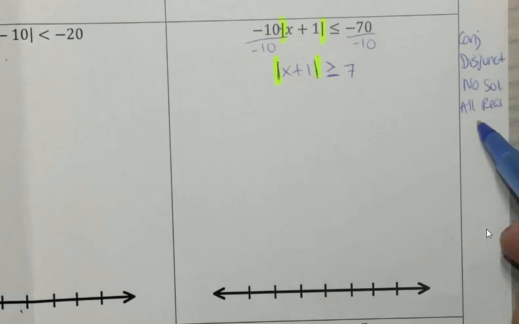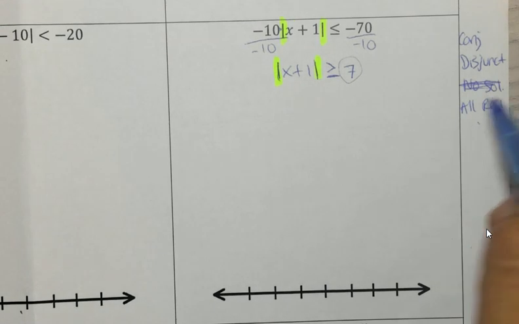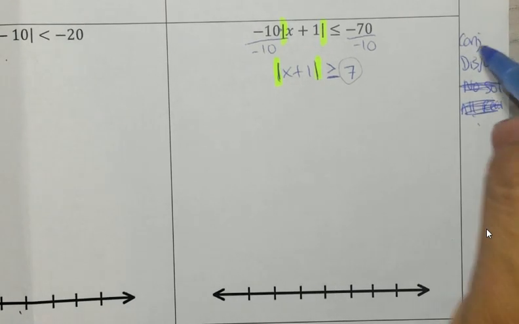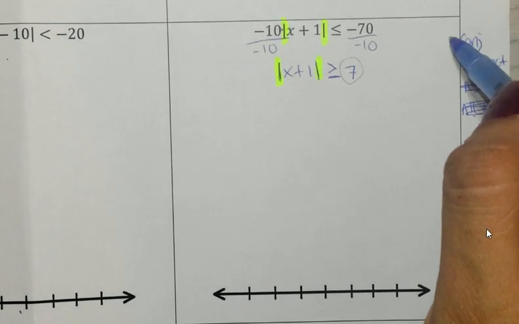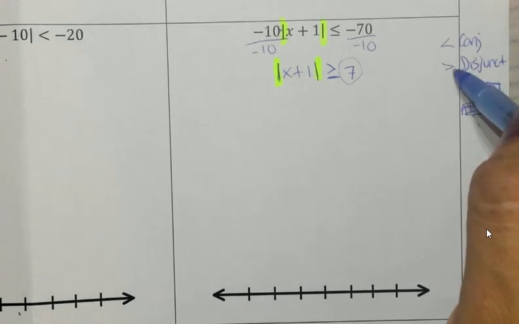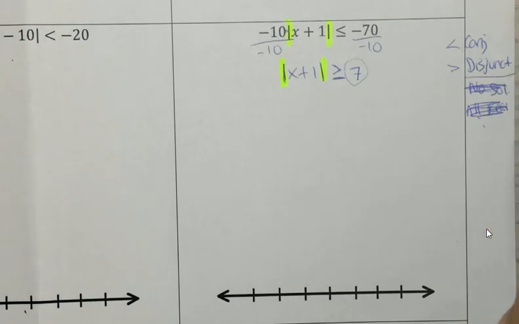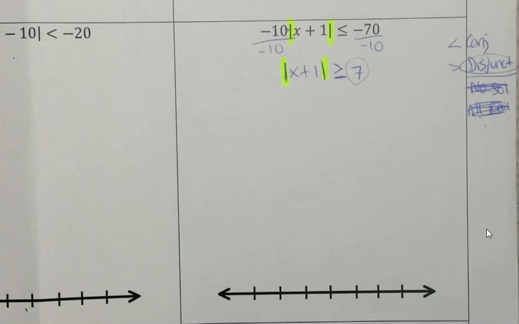No solution and all real numbers are the answers whenever this is a negative, so we're not going to have these. The conjunction is whenever you have a less than or equal to, and the disjunction is whenever we have a greater than. In this case, we have a greater than, so most likely it'll be a disjunction.